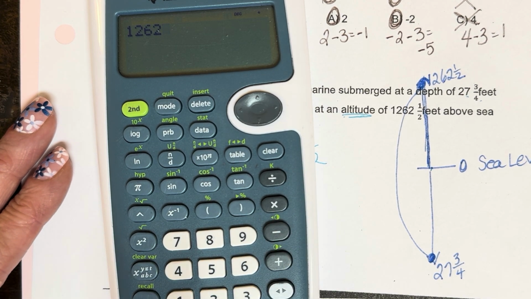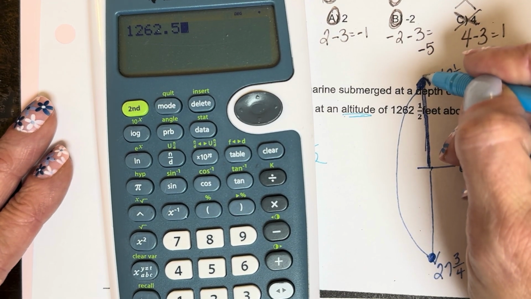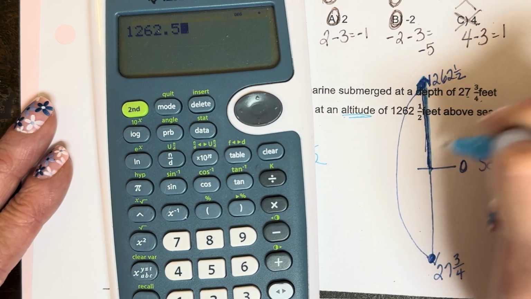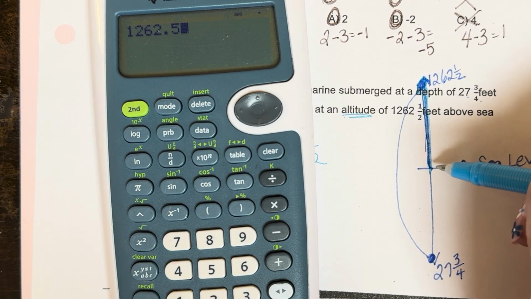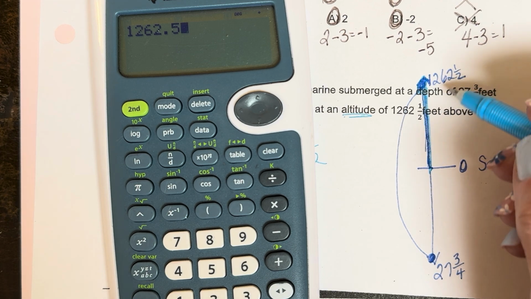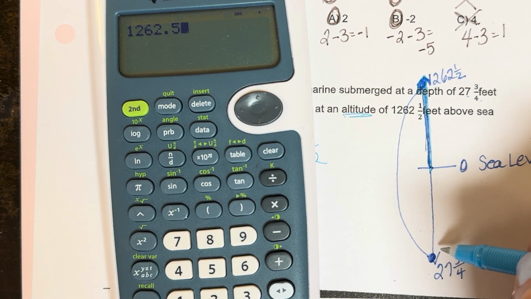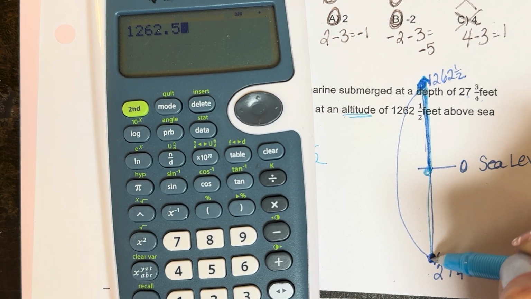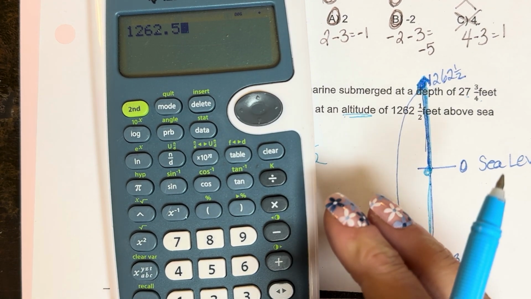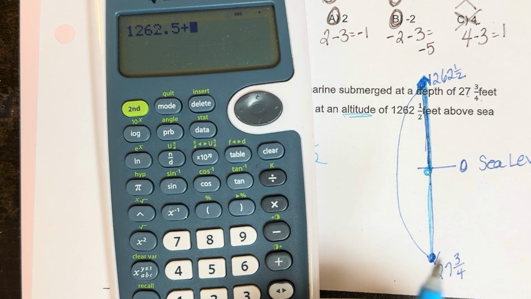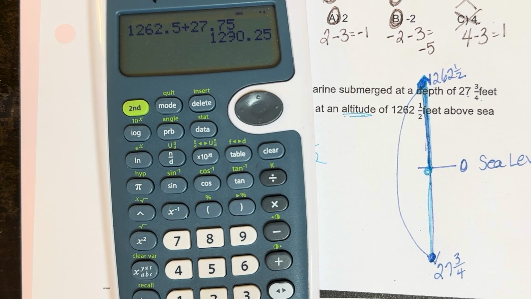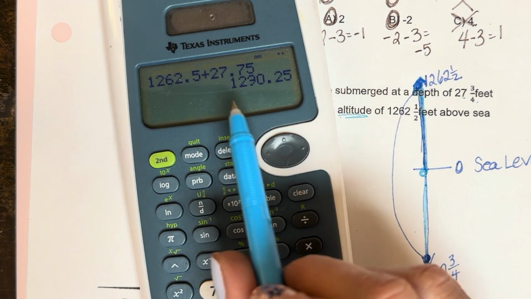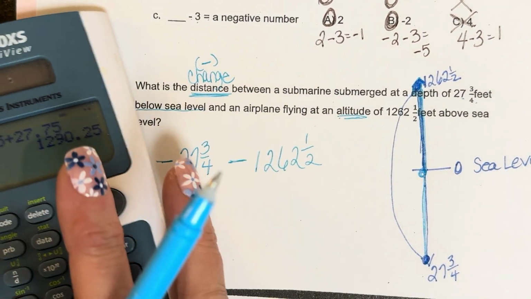I'm going to use 0.5 just because it's easy for a minute. From here to here, this distance is 1,262.5. And then from here to here is 27 3/4. So plus 27.75. Now, a while ago, we got negative 1,290.25.